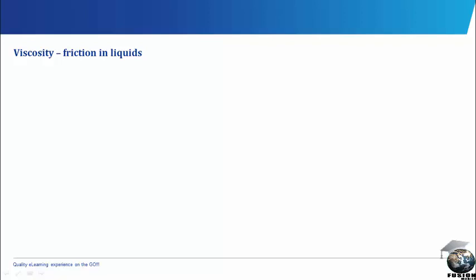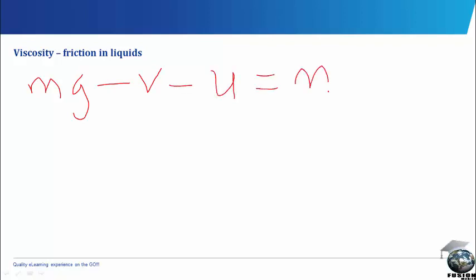And in viscosity, we discuss what we call the terminal velocity. Mathematically, viscosity can be arranged with this relationship: mg, which is the weight of the body, minus v, minus upthrust u, is equal to the total force of the system, mass times acceleration.